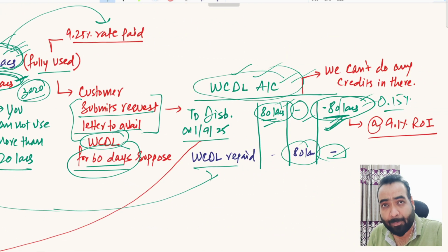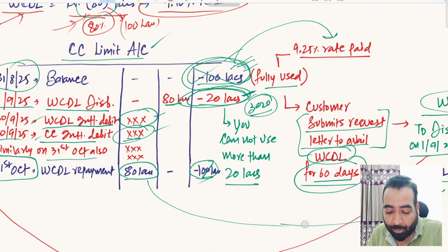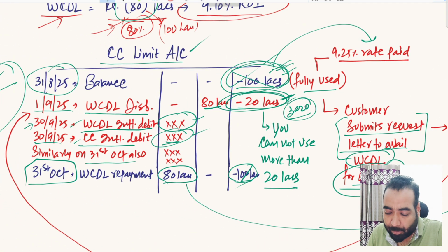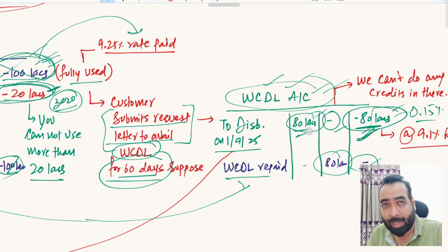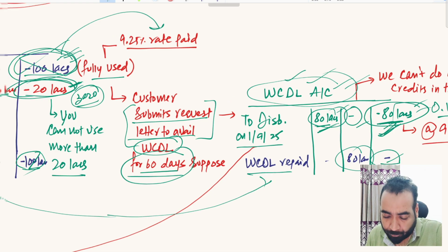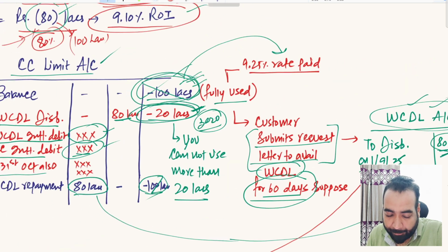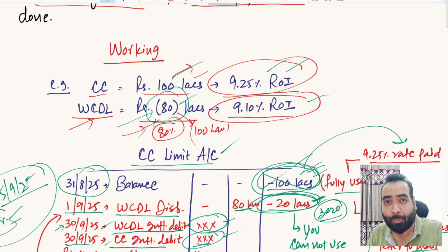So that is why, before availing WCDL, you have to be very sure that the amount which you are availing as WCDL shall remain utilized for the next 60 days. Only then shall the WCDL be beneficial for you, right? If the WCDL is given for 80 lakh rupees, it doesn't mean that you cannot take WCDL below 80 lakh rupees.